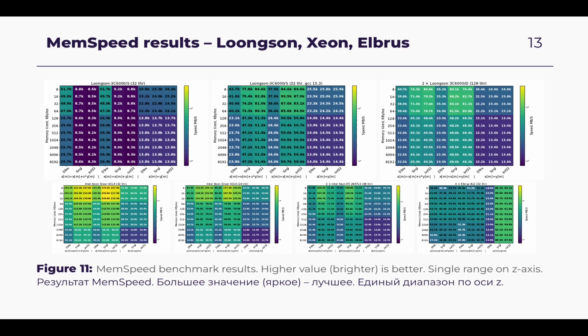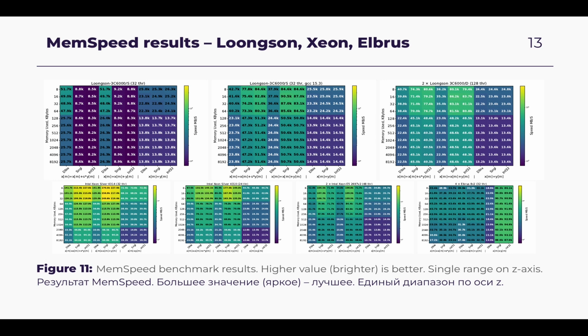Another benchmark is MemSpeed. There I see some strangeness with different GCCs. The first picture is for the older GCC, the second for the newer. And there you see that the old GCC shows some strangely low result. And that's why it is necessary to check the new GCC too.